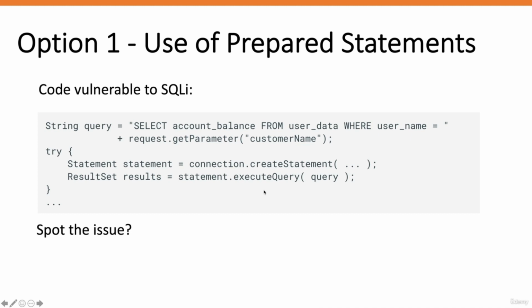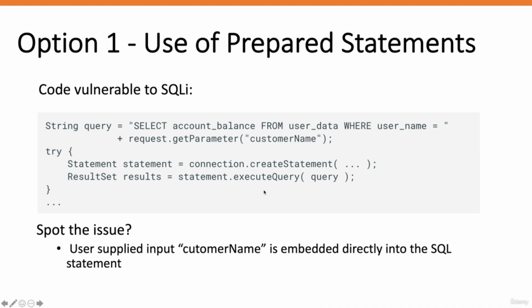So do you spot the issue over here? It's a bit obvious. The user supplied input customer name is embedded directly into the SQL statement, and so anything that the user adds over here might actually be interpreted as a part of the query.